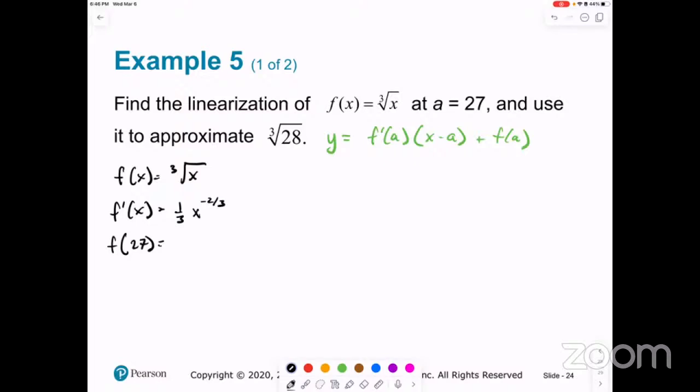That's going to be the cube root of 27, which is 3. Let's look at f prime of 27. I'm just doing all the components separately, then I'm going to put them all together in the formula. So if we plug this into f prime, the cube root of 27 is 3, and then that's going to be a 9. 9 times 3, so that's going to be 1 over 27.